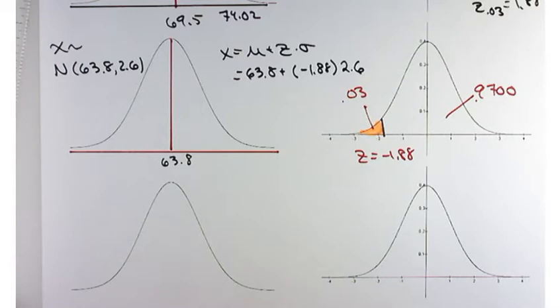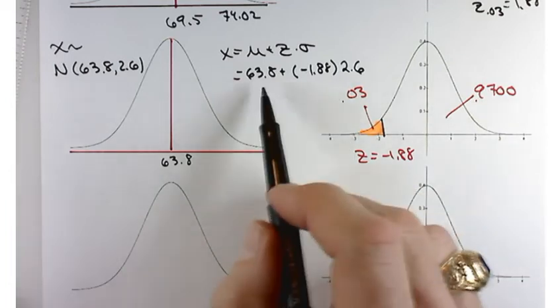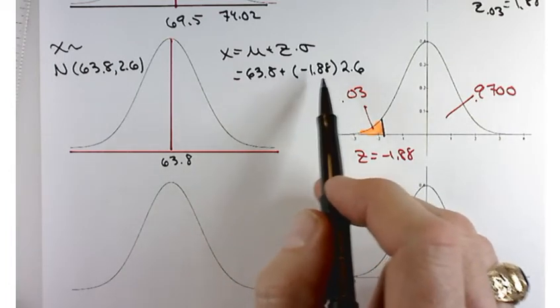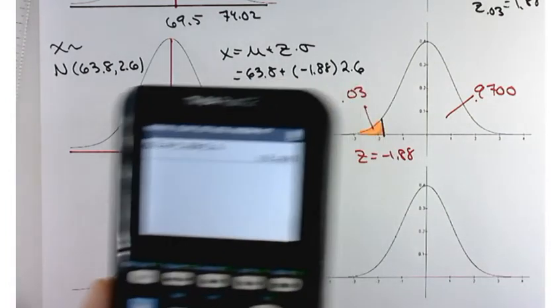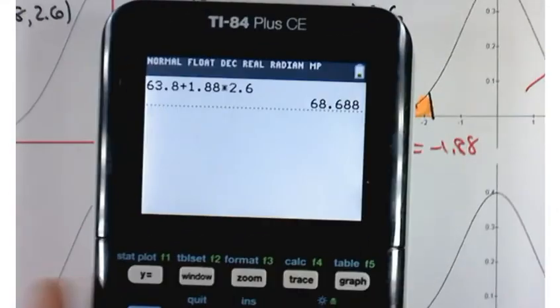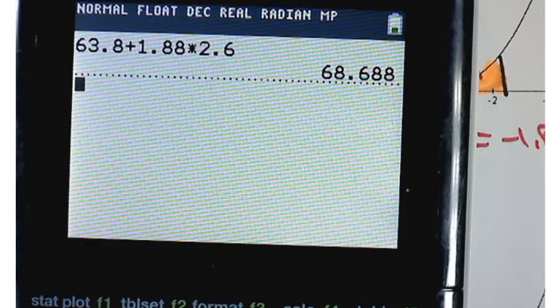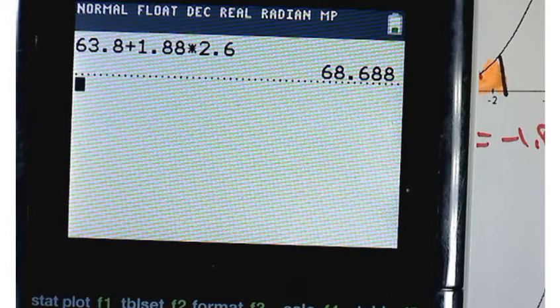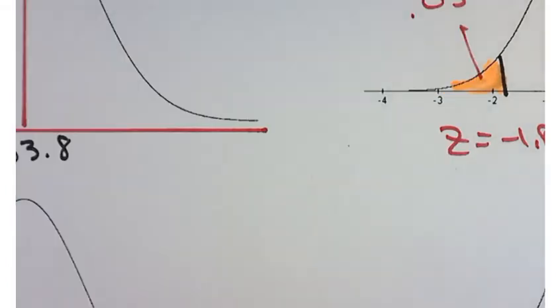Now it's helpful to have these drawings. I'm hoping that it'll engage a little critical thinking in your mind. Suppose I did this calculation, 63.8 plus negative 1.88 times 2.6, and I got this for my answer, 68.688.